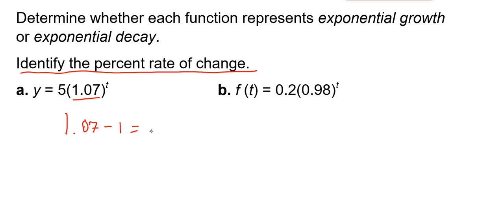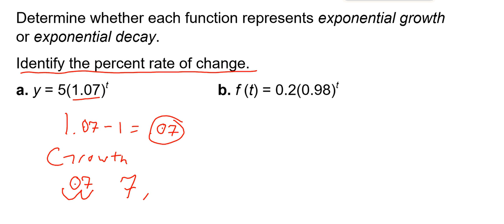If it's positive, it's a growth. And this is the rate. So the growth is by 0.07. And as a percentage, because often it's reported as a percentage, we move our decimal place 2 over. So that's a 7% growth.